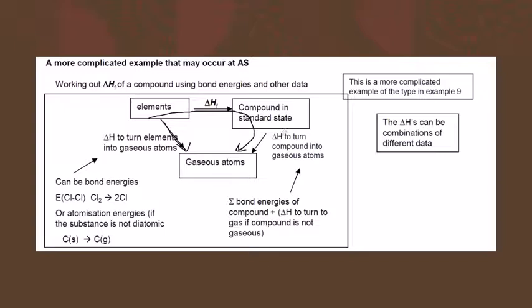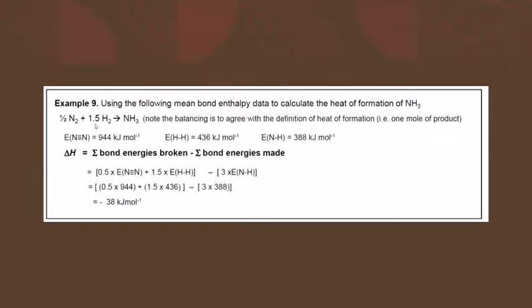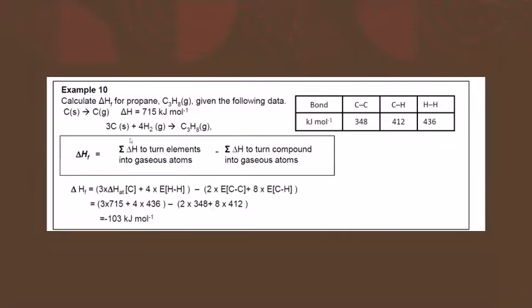So delta H_f plus the enthalpy change for the compound's gaseous atoms turning into gaseous atoms of the elements. Basically, when we take the difference, we get the enthalpy change of formation. That we did in example 9.